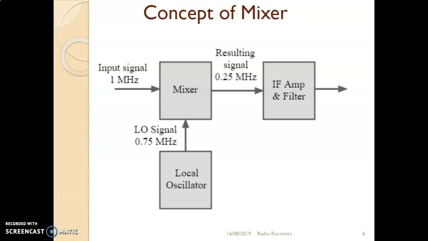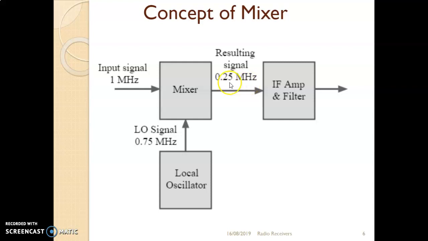So the resulting signal is 1 megahertz minus 0.75 megahertz, that is RF minus LO, which equals 0.25 megahertz, and this frequency is called IF, the intermediate frequency.